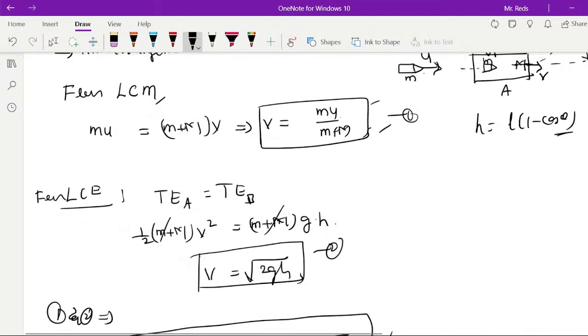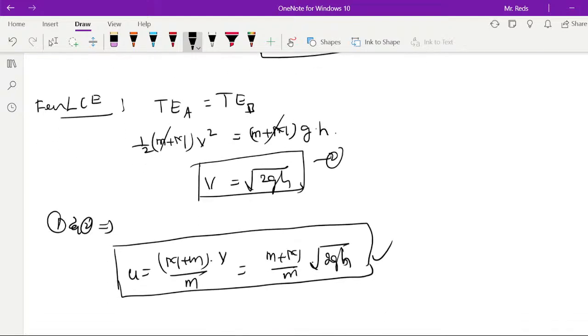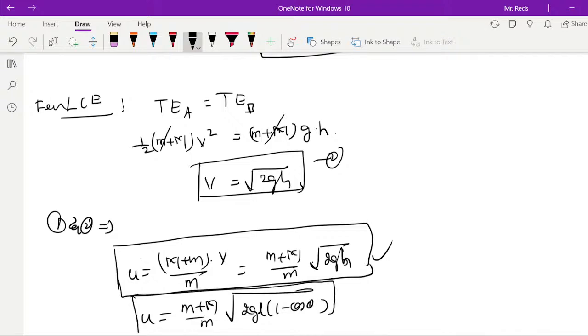If you substitute this, instead of height you can use the angle. So u is equal to (m plus M) by m into square root of 2gL(1 minus cos theta). In terms of this also you can express the velocity of the bullet.